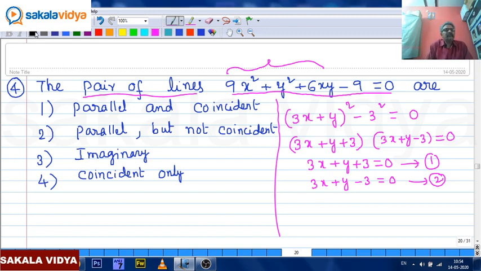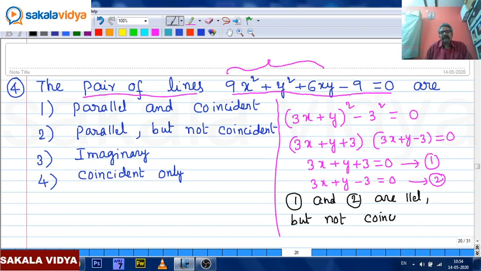That means 1 and 2 are parallel but not coincident. That means the second option is the right option.